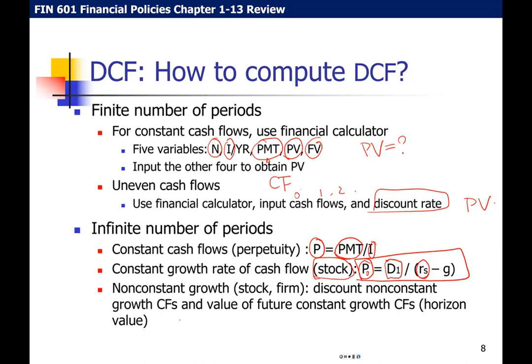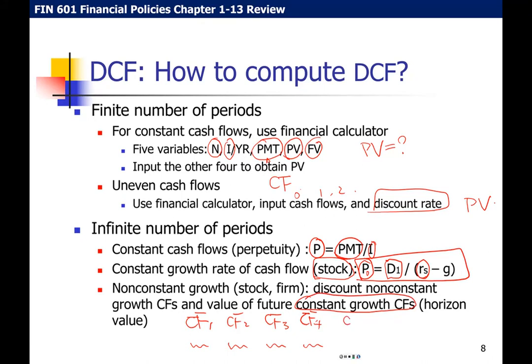Those cash flows we forecast at 1, 2, 3, maybe 4 is an actual number, and it can be uneven, doesn't follow any pattern. And then afterwards, we typically assume a constant growth rate for anything beyond year 4.